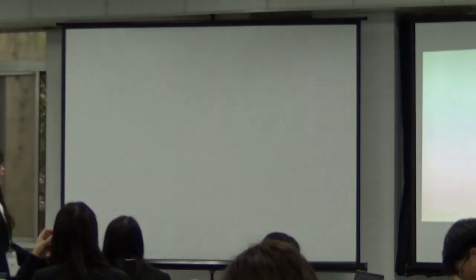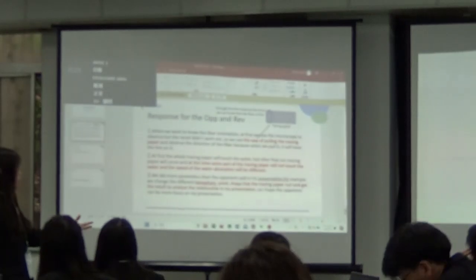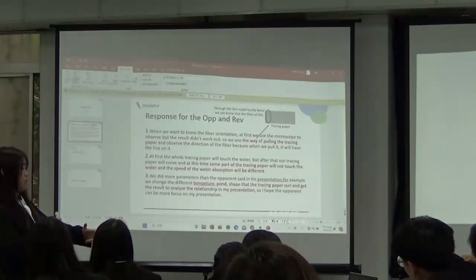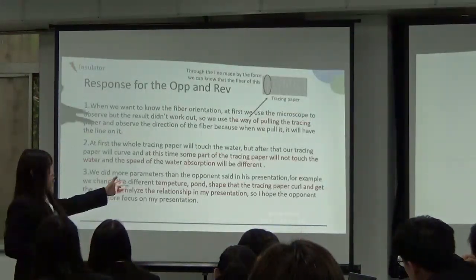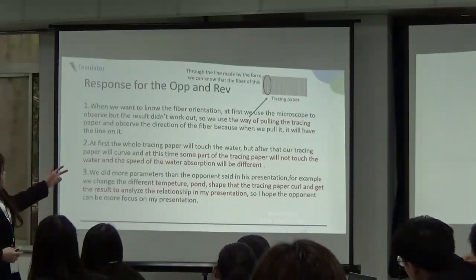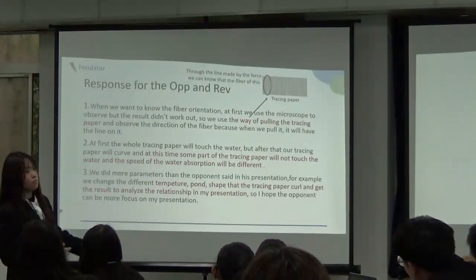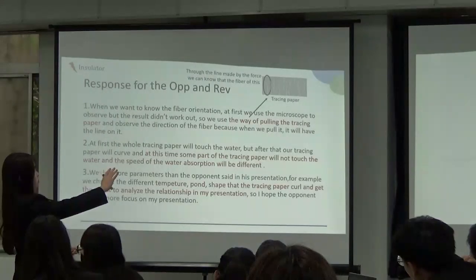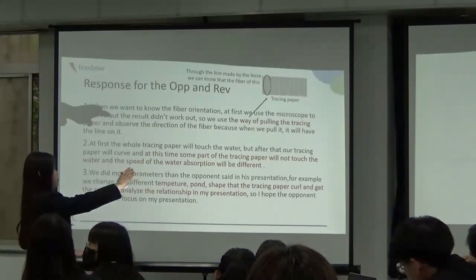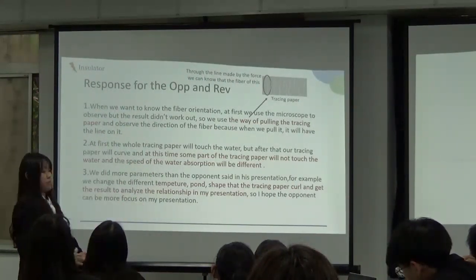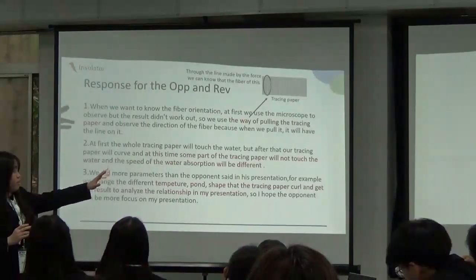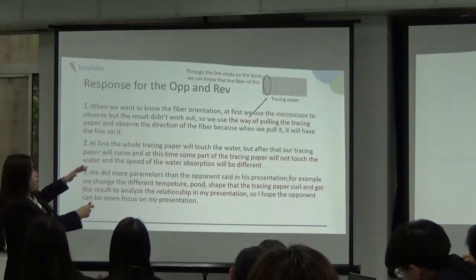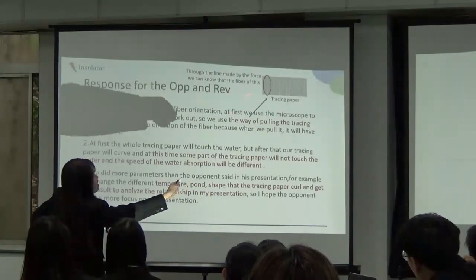So in the discussion time, we talked about the fiber orientation. At first we used the microscope to observe it, but the result didn't work out. So we used the way of pulling the tracing paper and observing the direction of the fiber, because when we pull it, we will have a line on it just like this.